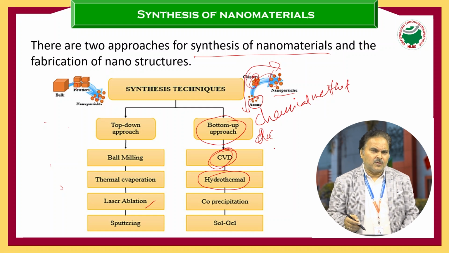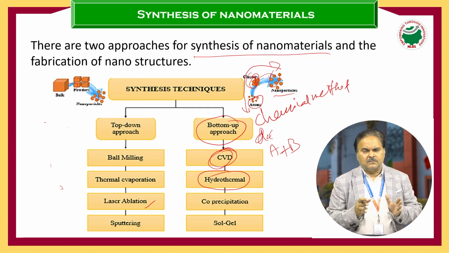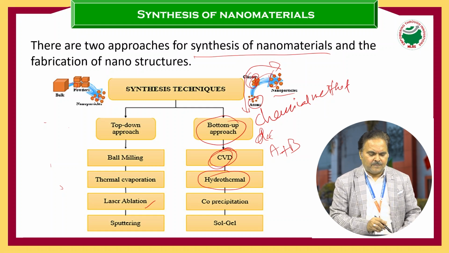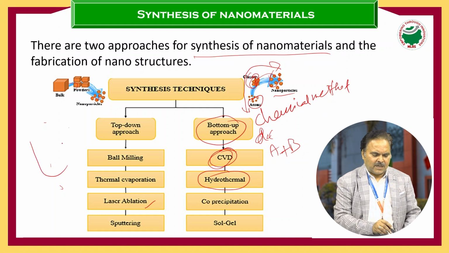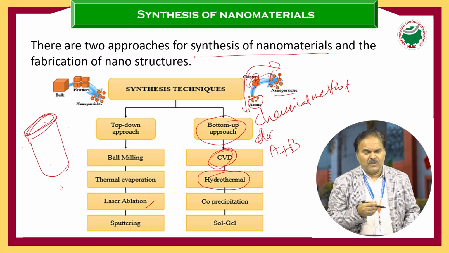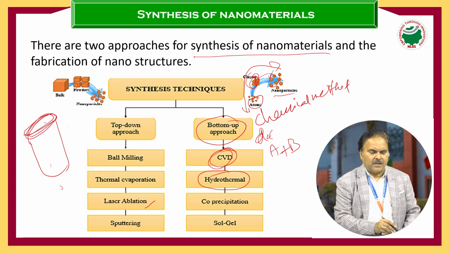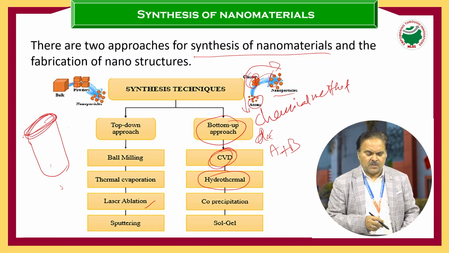Then, to remove the acetate, they use another chemical, A plus B. Mix them together, then there will be big iron cylinders, with very tight closing and screws.